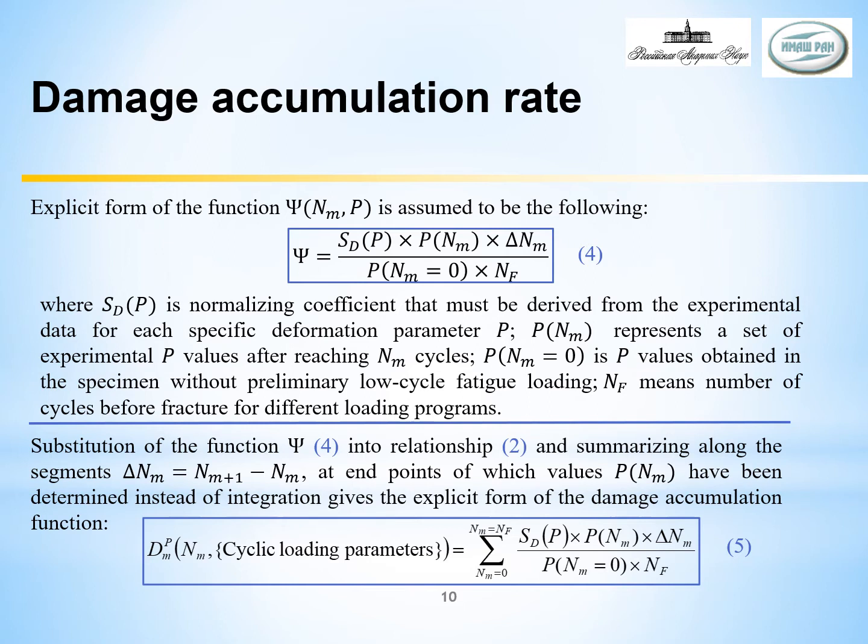P at Nm equal to 0 is the P-value obtained in the specimen without preliminary low cycle fatigue loading, and Nf means the number of cycles before fracture for different loading programs.